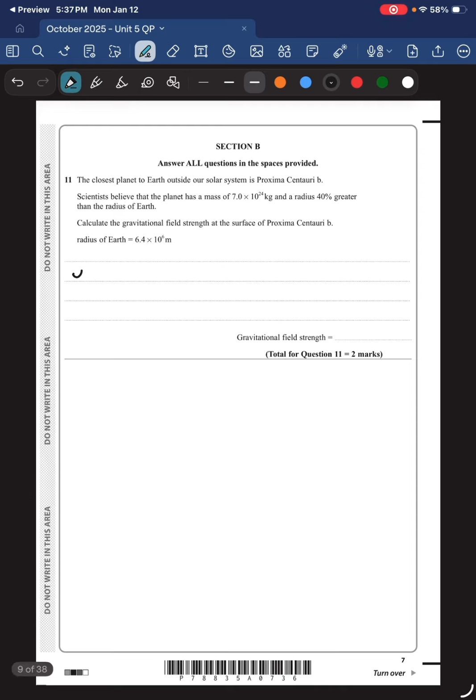So g is simply G times the mass of the object over r squared. By the way, you also have a g, like you can calculate the gravitational field of yourself, if that makes sense. It's gonna be tiny.